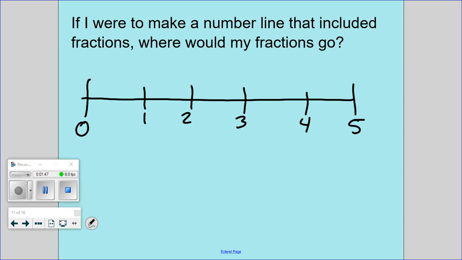They belong on this number line. They go somewhere on my number line, but where? You don't have to draw the number line. I want you to just think about this. Where do we think my fractions would go? Think normal fractions that we've talked about so far.